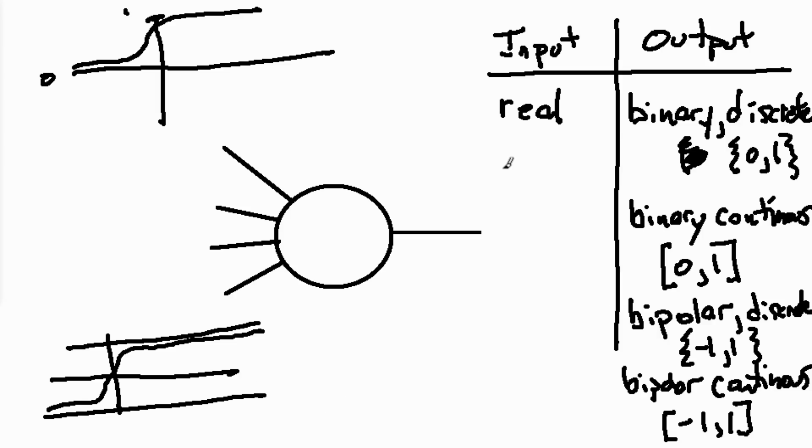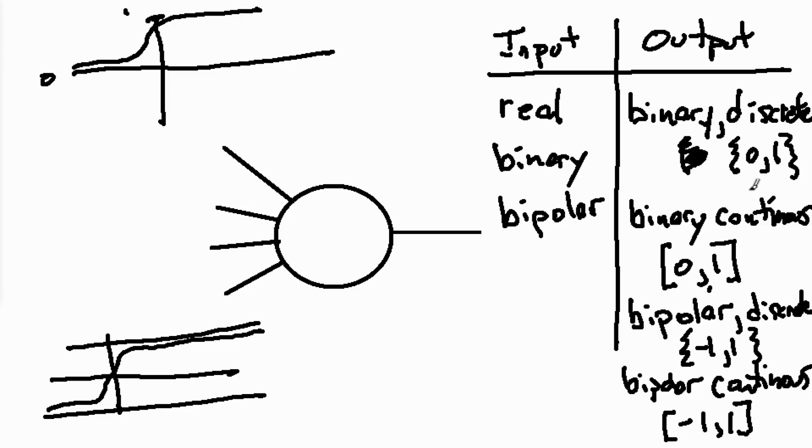You can have input that's binary. You can have input that's bipolar. So there are many, many different types of inputs and outputs that you can have. When you're dealing with binary discrete or bipolar discrete, sometimes a 1 corresponds to yes or true, and a 0 or a -1 would correspond to no or false.